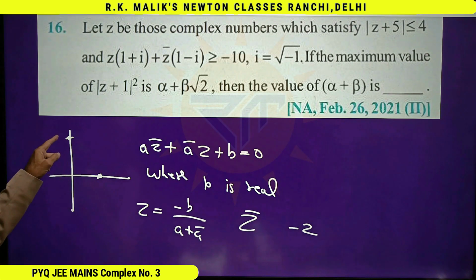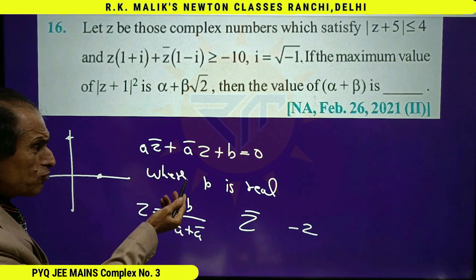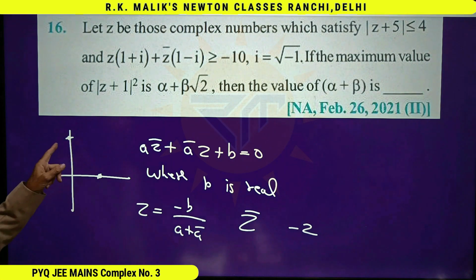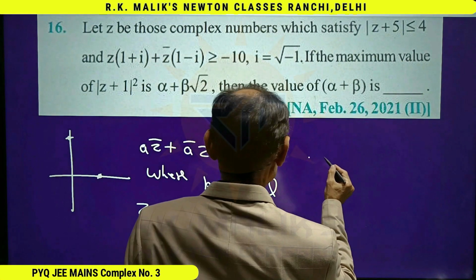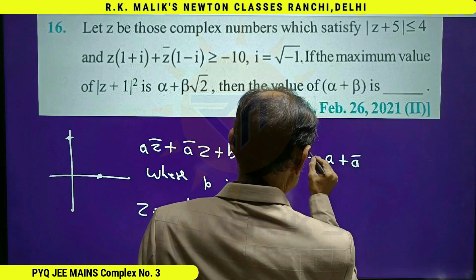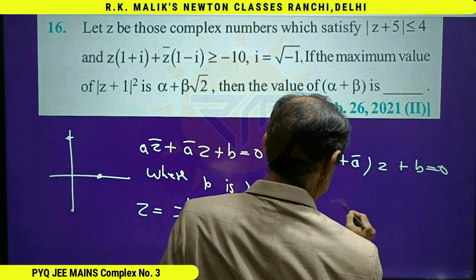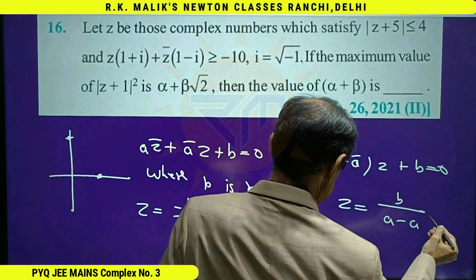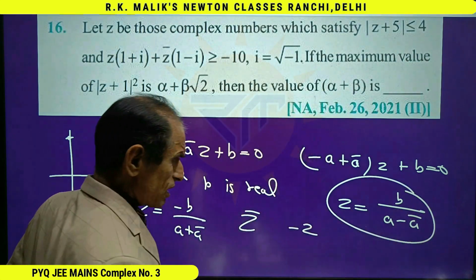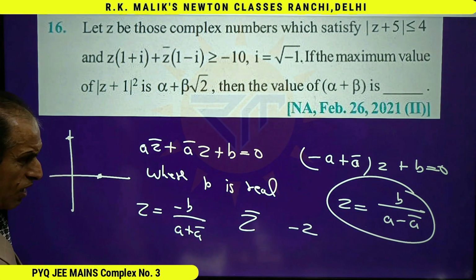That is why, to find this point, put minus z for z bar, and the value of z you get will be the y coordinate of this point. Here, if I write minus z for z bar, I will get minus a plus a bar into z plus b equal to 0, and the value of z will be b upon a minus a bar. This is the y coordinate of the point where the line cuts the y-axis.